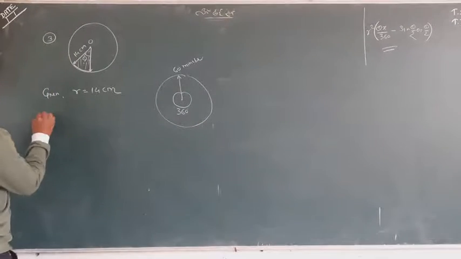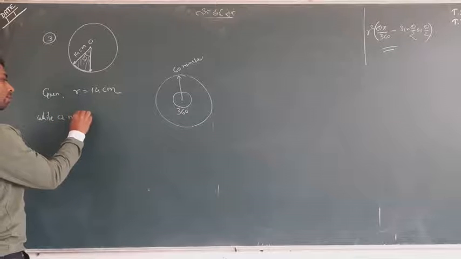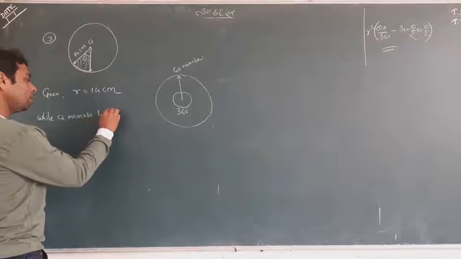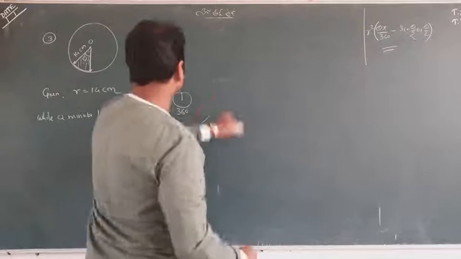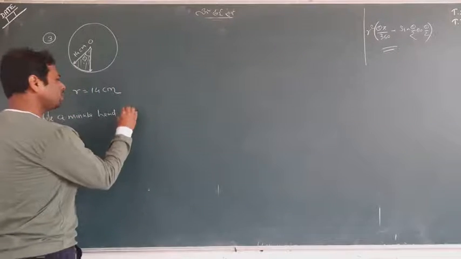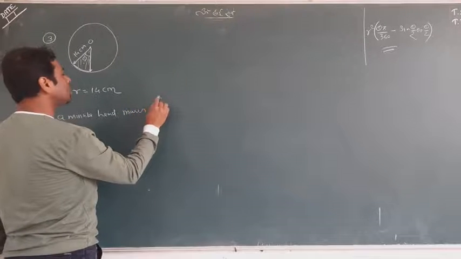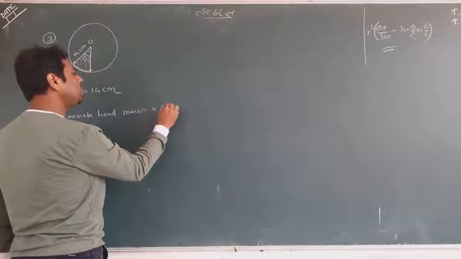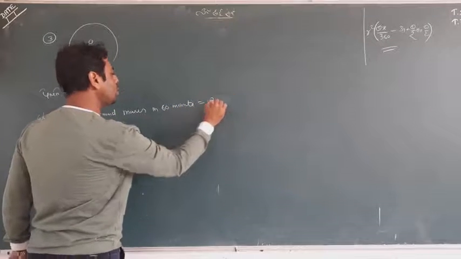We will write: while a minute hand moves in 60 minutes, 360 degrees.